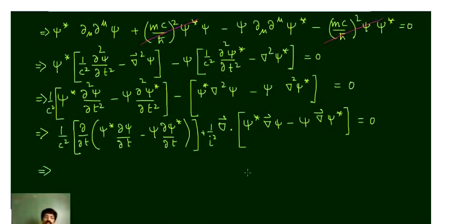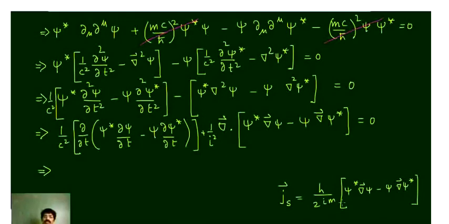Now what is J in Schrodinger's equation, the probability current density? J is ħ/2im (psi star grad psi minus psi grad psi star).